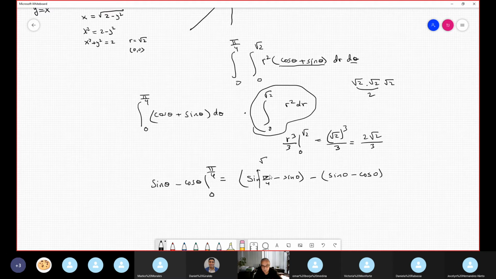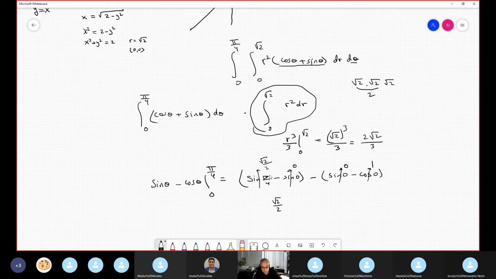This is radical 2 over 2. This is 0. This is 0. And this is 1. Okay, this is radical 2 over 2. So we have a double minus, right? Minus a positive, plus. It's plus 1.